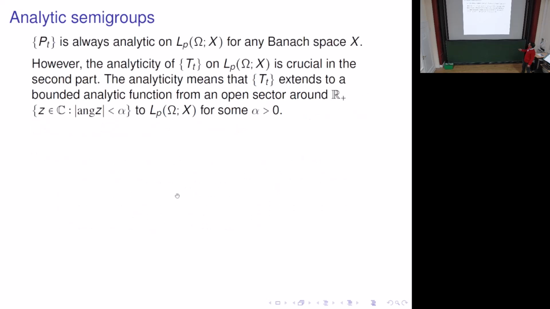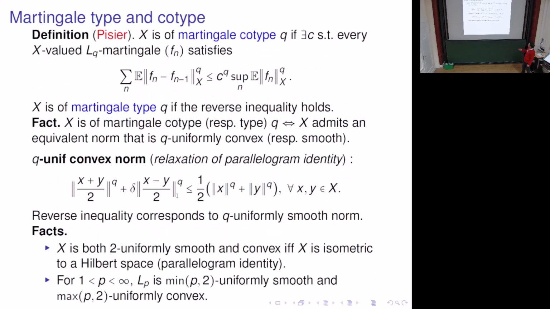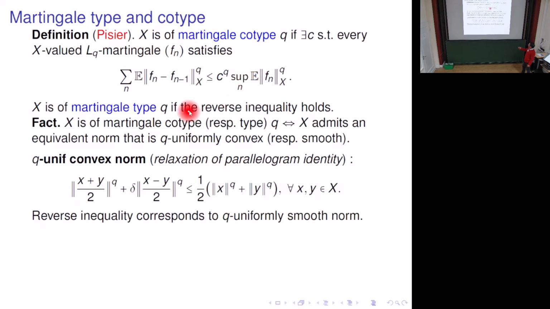For example, I'll take this one. In this definition, this is P equal to Q. So think that Q is fixed, P varies. You will have such an inequality for P equal to Q. Then from the general theory of martingales, we have the same inequality.